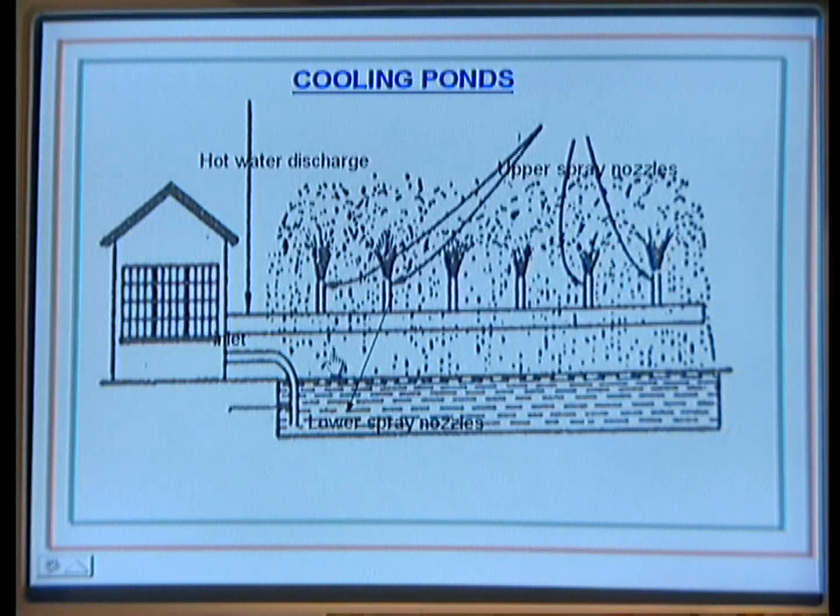Here the pressure through the nozzles is 1.5 kg, and the nozzles may be placed at a distance of 2 meters above water level. The area required for the cooling pond is nearly 25 to 50 times that required for a cooling tower. Hence, this is not possible for large power stations, and more water is evaporated. That is why we prefer cooling towers.